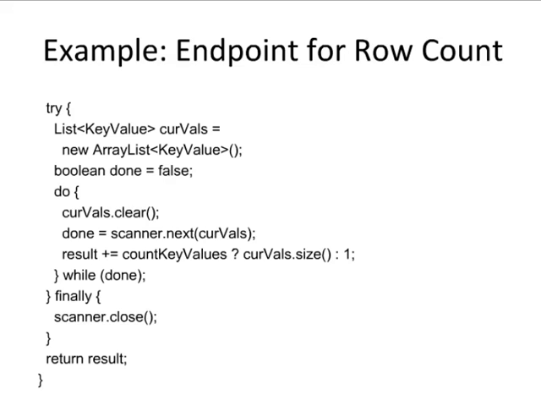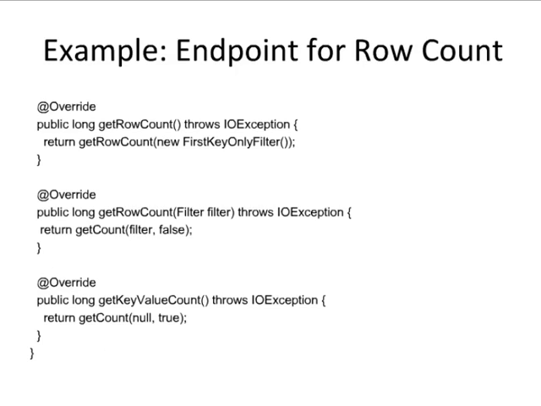Coprocessor exec goes through a single row or ranges of rows, synchronously but distributed, calls the remote function, returns the result, and I can do something with it. There are also two helpers, the batch call and the batch callback, which you can use to interact with the remote functionality and react when the call comes back.